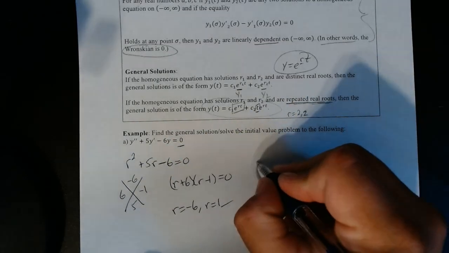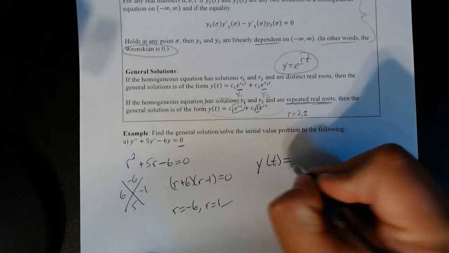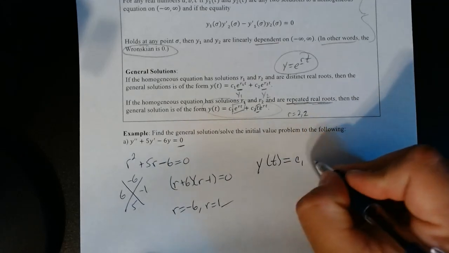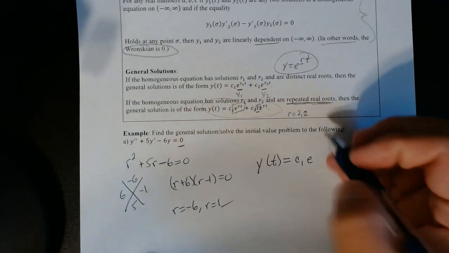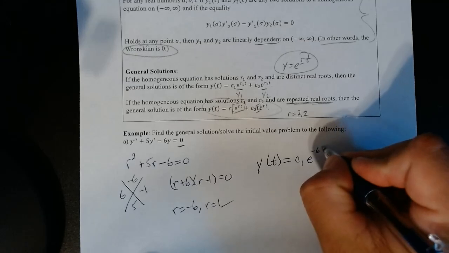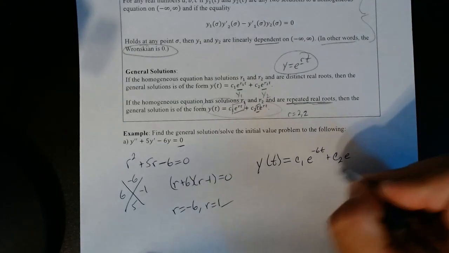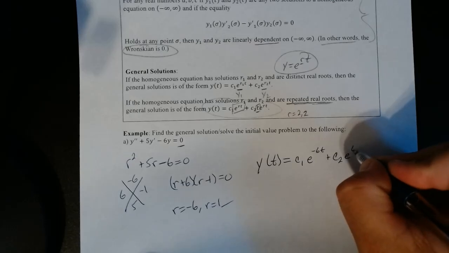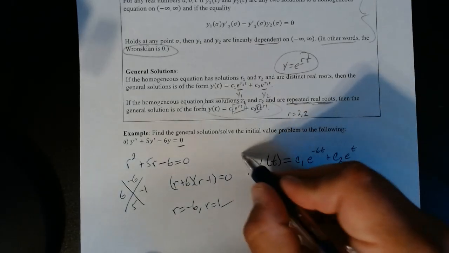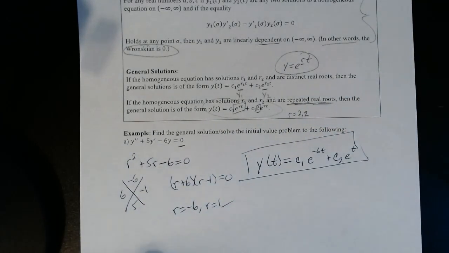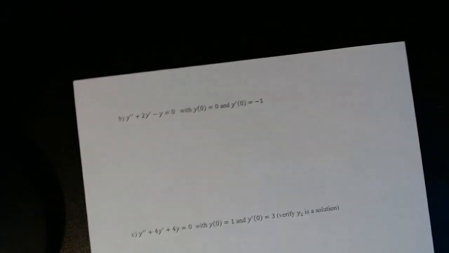So therefore, our general solution is going to be c1 e to the negative 6t plus c2 e to the 1t, or just e to the t. And that's it. Kind of nice, right? A little easier than the stuff we've been doing so far. So let's keep going.